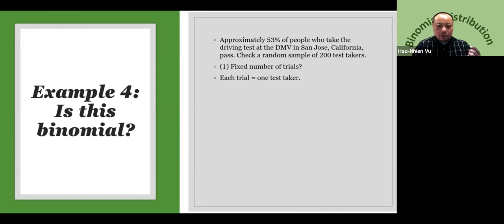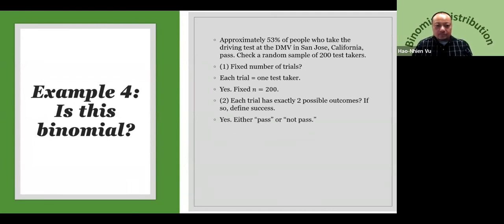And we're checking 200 test takers, so yes, we have a fixed number of trials, n equals 200. Number 2, does each trial have exactly 2 possible outcomes? Yes, you take the driving test, you either pass or you don't pass. And we could define success as pass.